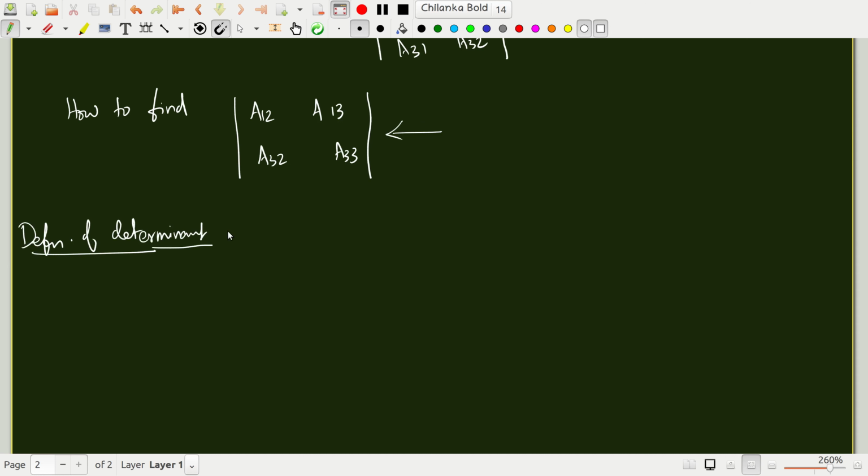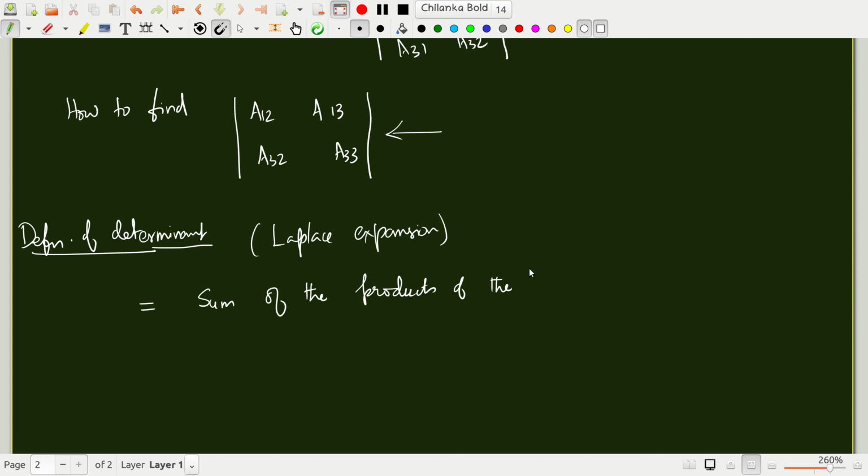The fundamental definition of determinant is the following. This is called the Laplace expansion. The determinant is the sum of the products of the elements of any row.